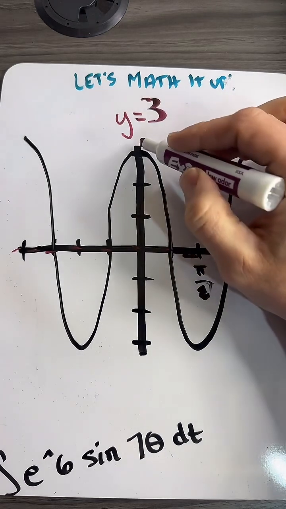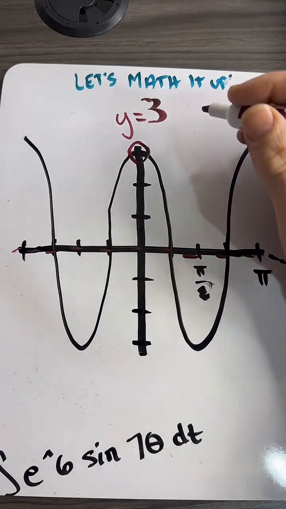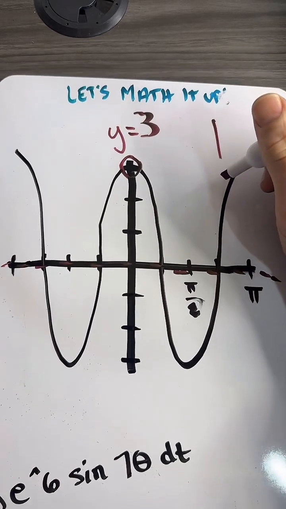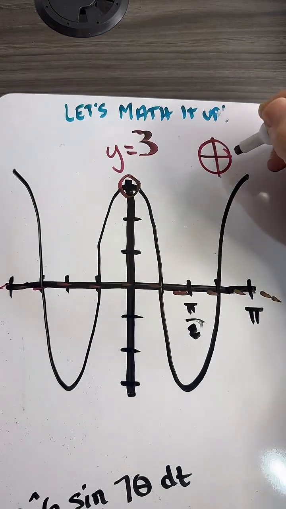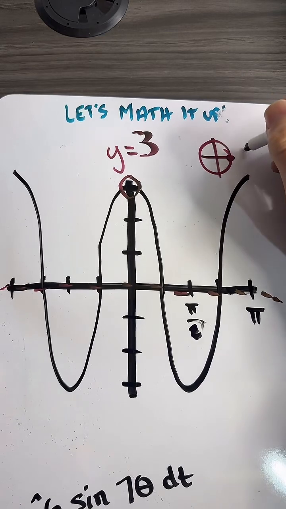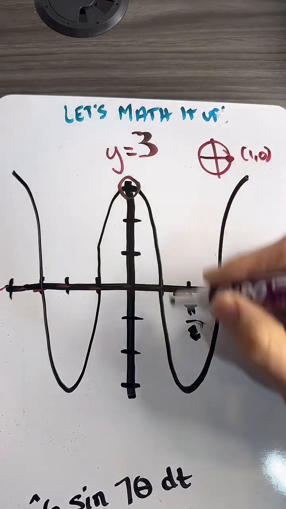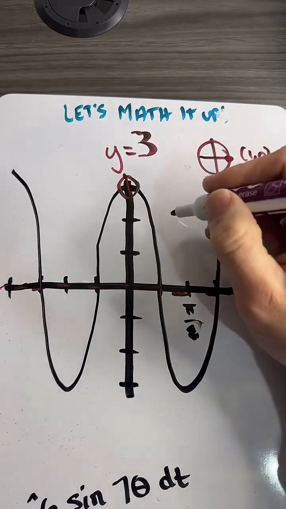So the fact that it starts up here, I'm thinking it's a cosine graph, because usually the cosine graph is, if we have the unit circle right here, I'm not sure if you guys do the unit circle in algebra 2, but the unit circle starts right here at 1, 0. The x value is a cosine value, so it starts at 1. So it goes right here. Now, right here, this is the period. So from peak to peak is called the period.